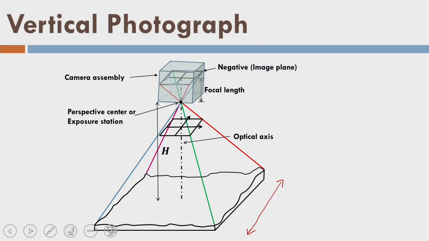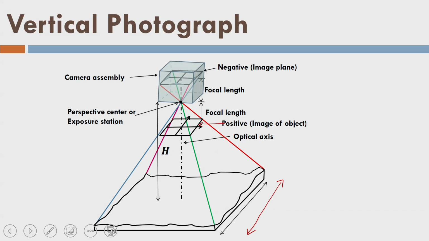This is my positive image, shown here, which is also located at a distance called the focal length from the perspective center. That is the overall idea you should develop first: the mechanism of data acquisition for a given single exposure of the frame camera.